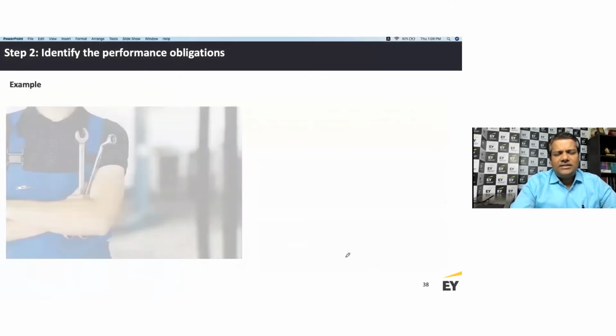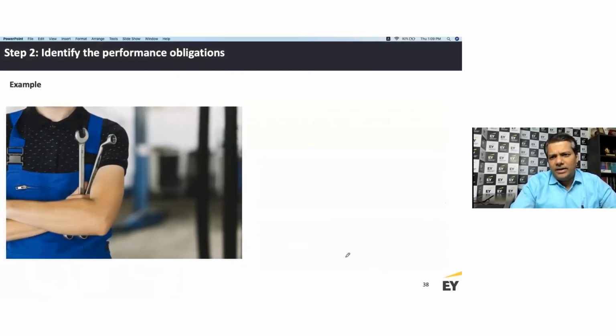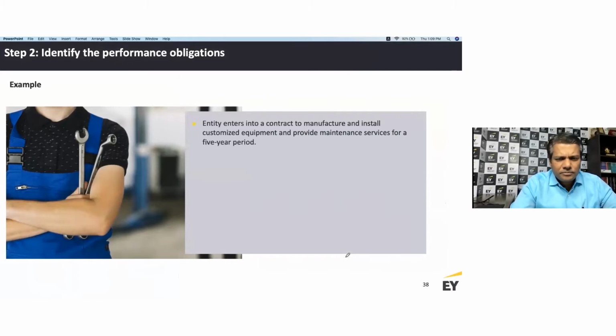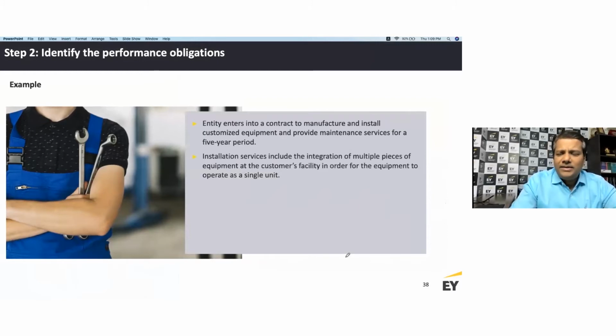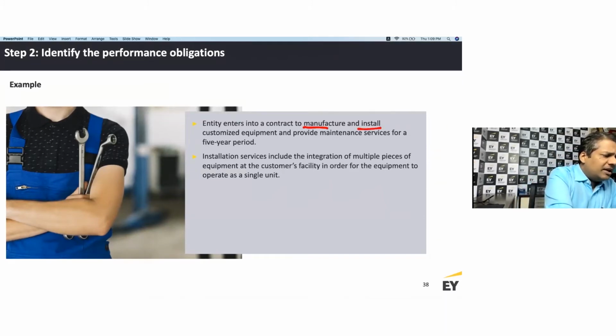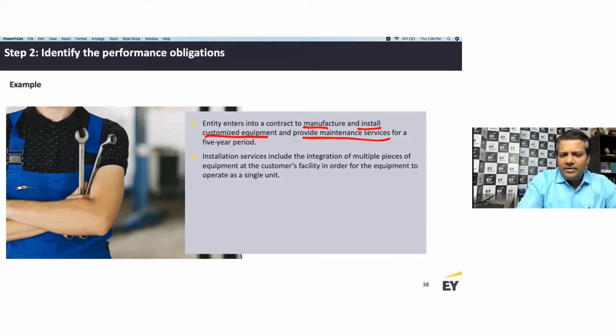Now let's take this with the help of an example. An entity enters into a contract to manufacture and install customized equipment and also provide maintenance services for a 5-year period.